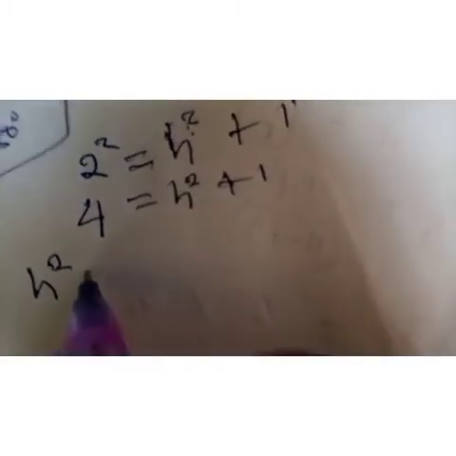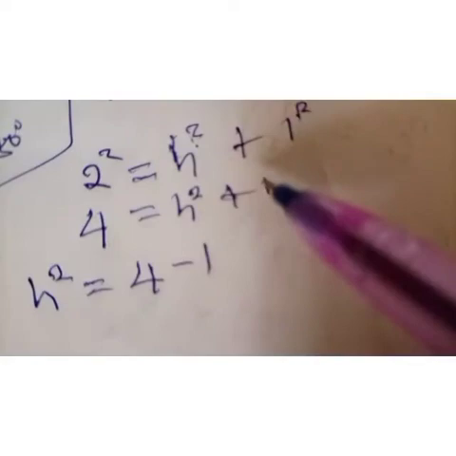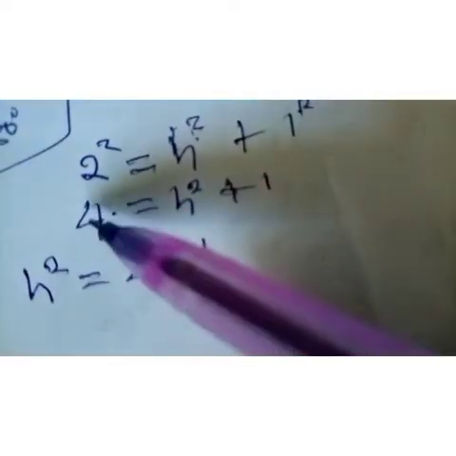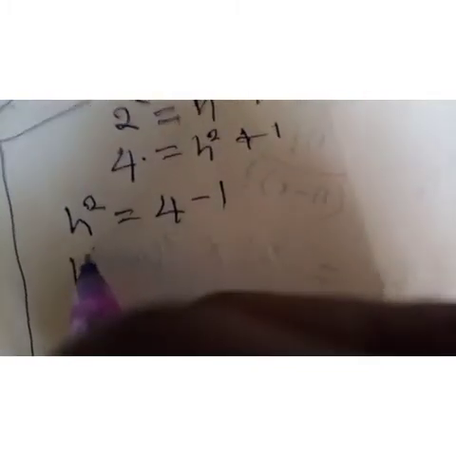So when you are collecting like terms, your h square will be equal to 4 minus 1. When you take this positive 1 to this side, it becomes negative 1. So here it will be 4 minus 1, and our h square will be equal to 3.